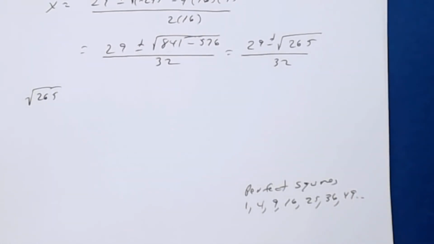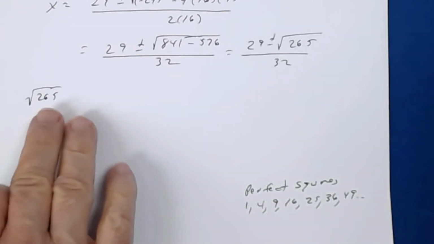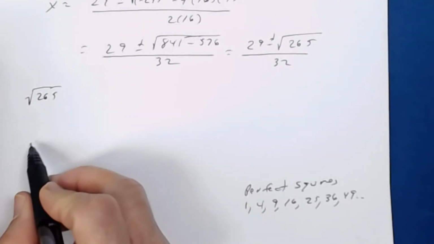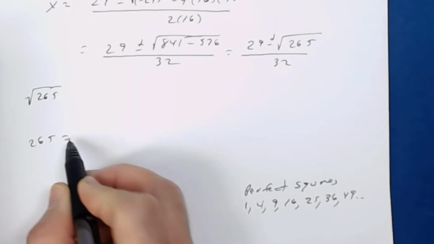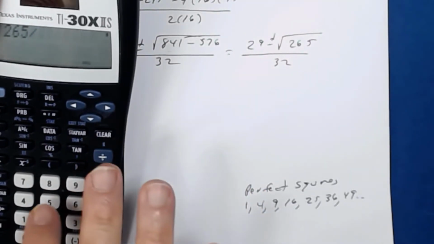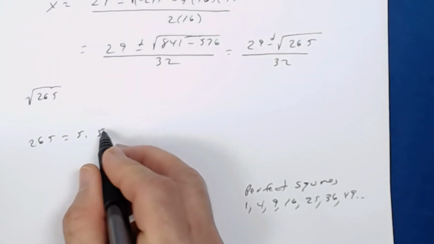Besides 1, you have to figure out, will any of these perfect squares go into 265? You see that 5 at the end, though? Now, 5's not a perfect square, but I just want to show you something. If I do 265, do y'all agree that divided by 5, it'll be 5 times 53?